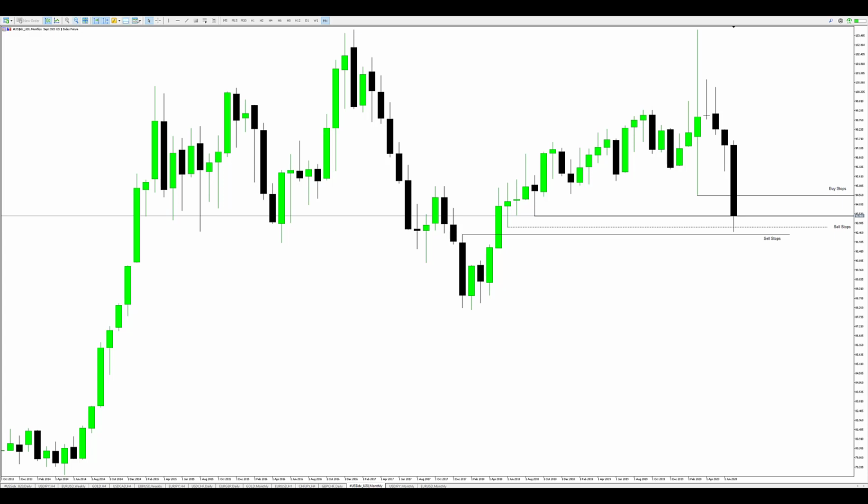We saw price pushing all the way down to clear up the sell stops below 92.80, and yes, we had a bit of a retracement to the upside. That was on Friday, I will say, after FOMC, but the main objective was achieved. We were expecting weakness to come into the dollar.